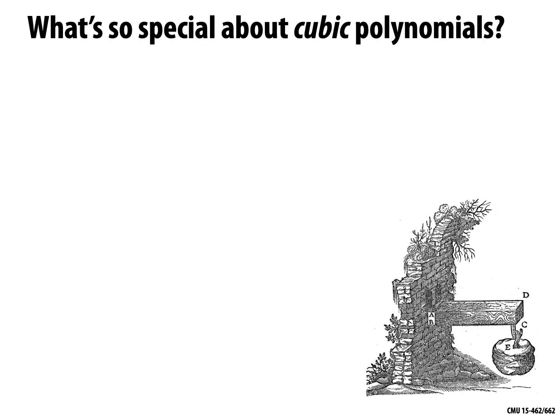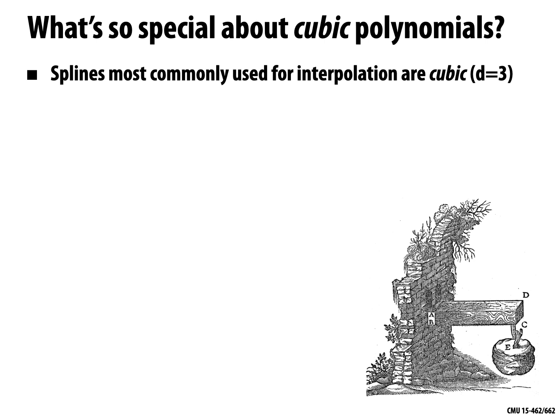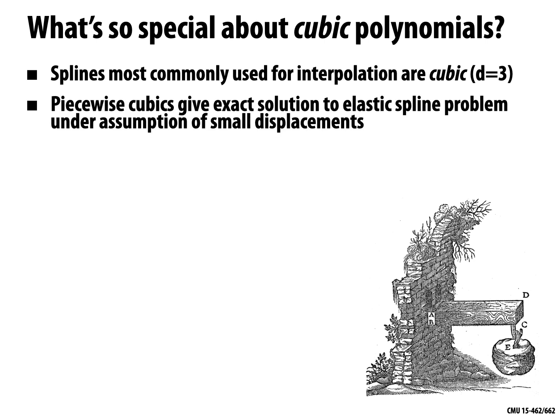Quite often in computer graphics and numerics, people use cubic splines a lot. You'll hear a lot of people talking about cubic splines. Why? It seems at first a little arbitrary. Why am I talking about cubic splines rather than quadratic or quartic? One reason is that piecewise cubic splines give exact solutions to the elastic spline problem under the assumption of small displacements.